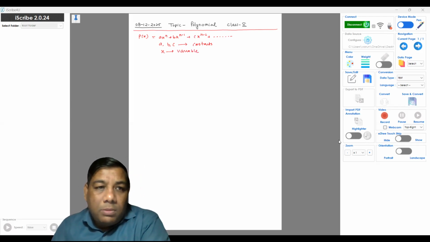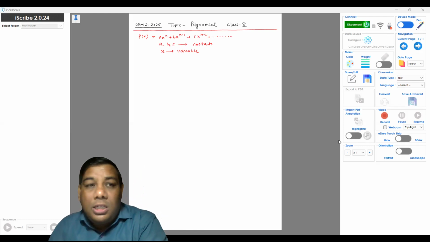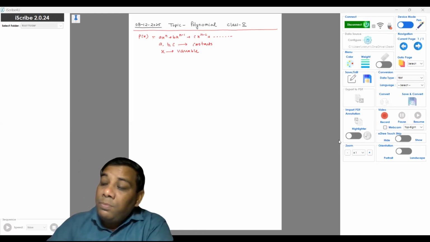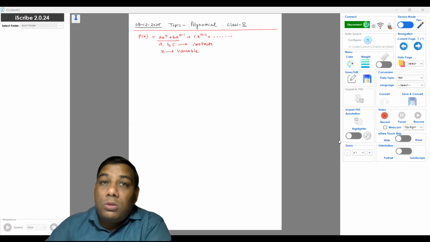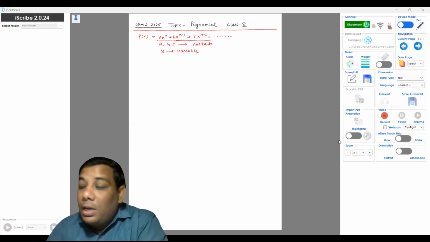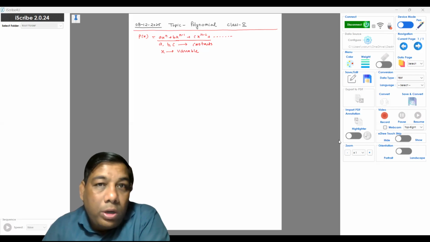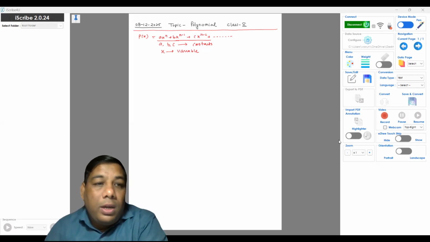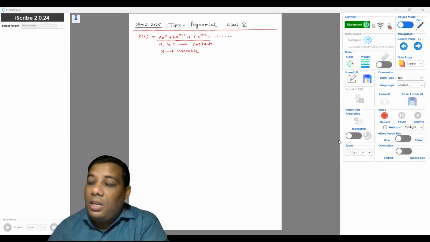Whatever expressions we are going to read, those are all algebraic expressions. But algebraic expressions of the type ax^n + bx^(n-1) + cx^(n-2) are known as polynomials, where a, b, c are the constants and x is the variable.